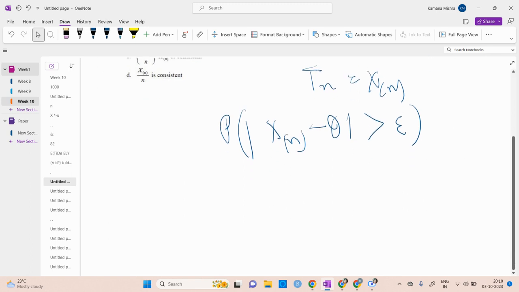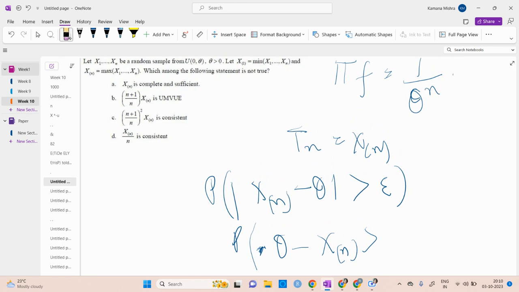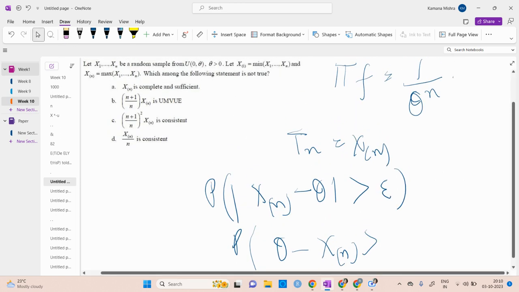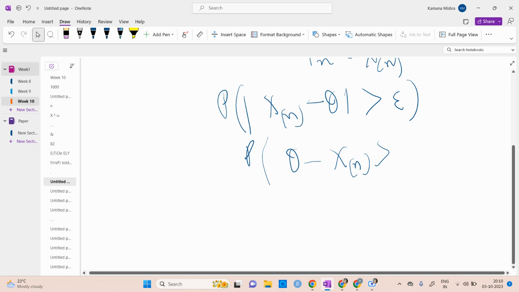Now this Xn is the maximum, so it will be theta minus Xn. Sorry, Xn minus theta, we can write it, and then this is greater than epsilon.